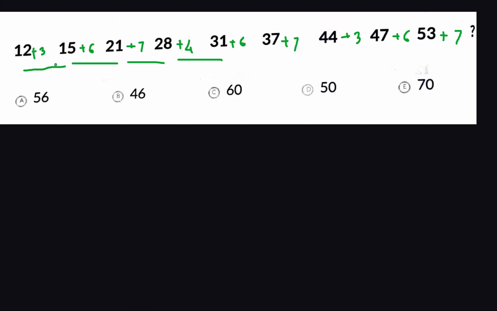Because our pattern is 3, 6, 7, 4, 6, 7. Then in that regard, I should have 3, 6, 7 as the numbers added to the subsequent numbers. So 53 plus 7 brings me to your solution of 60. So see what kind of patterns you really can establish, and see whether that pattern repeats.